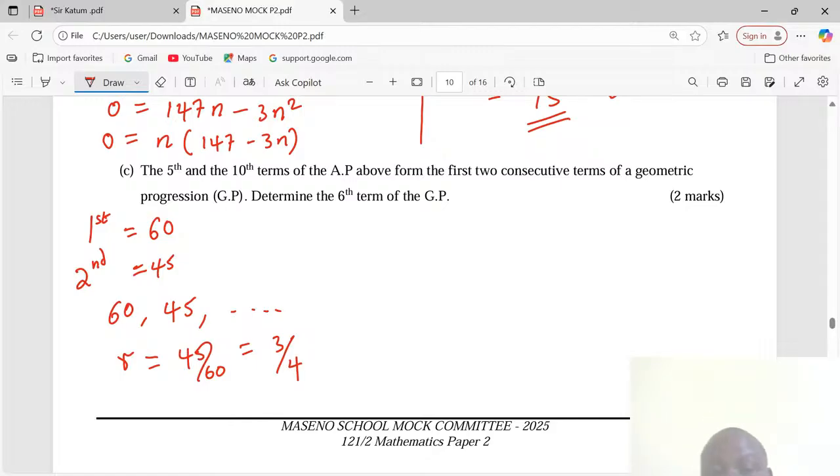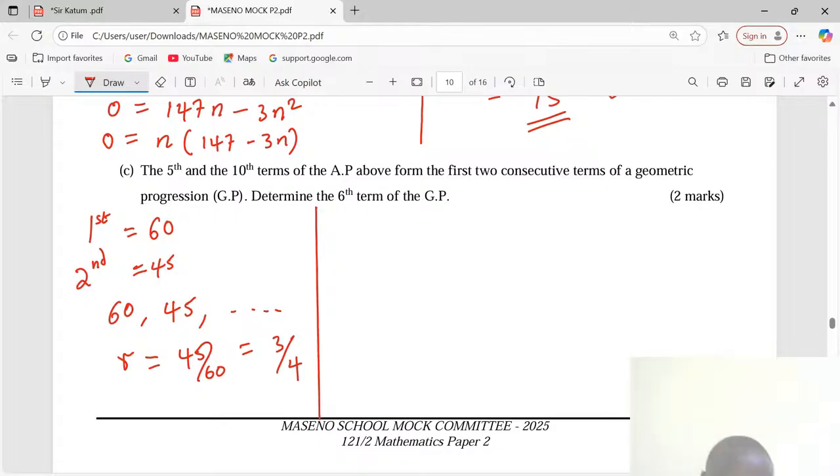That is the common ratio. So for us to get the next term, we need to multiply 45 by the common ratio. Then we proceed until we get the 6th term. You can just multiply by the common ratio, one term to get the successive term, until you get the 6th term.